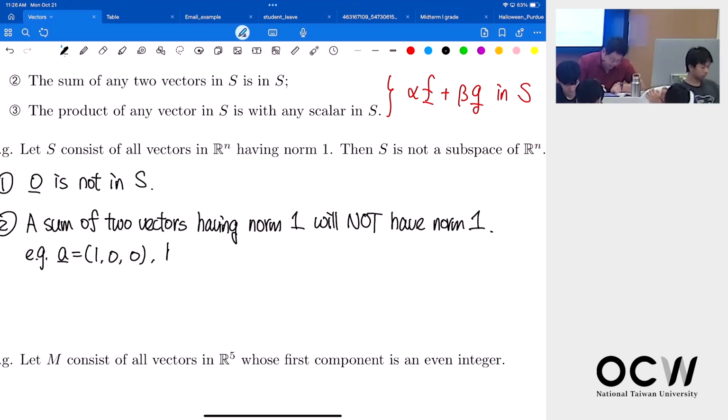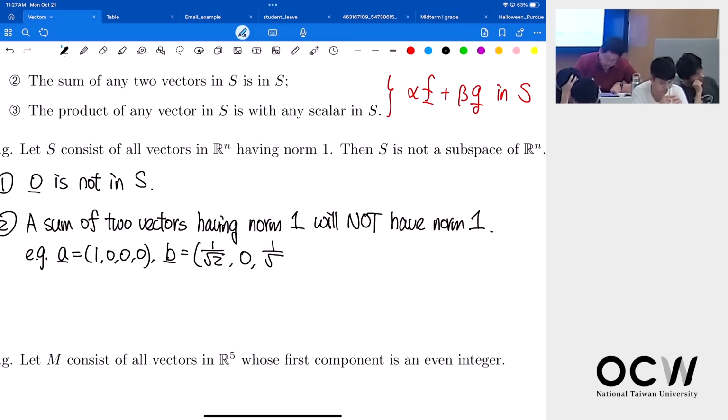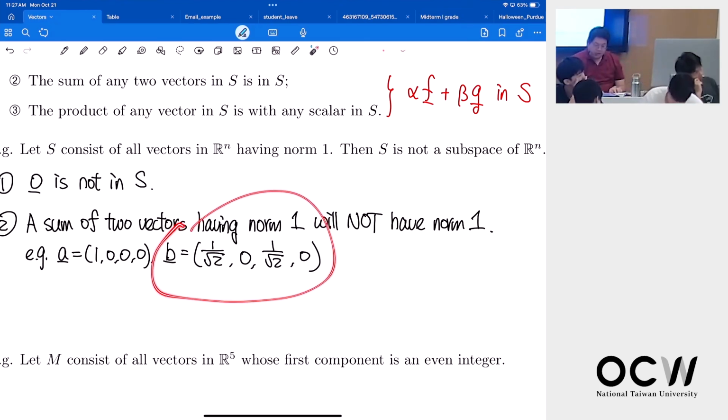And then B, that's 0, 1 over square root of 2, 1 over square root of 2. This is also with norm 1, right?